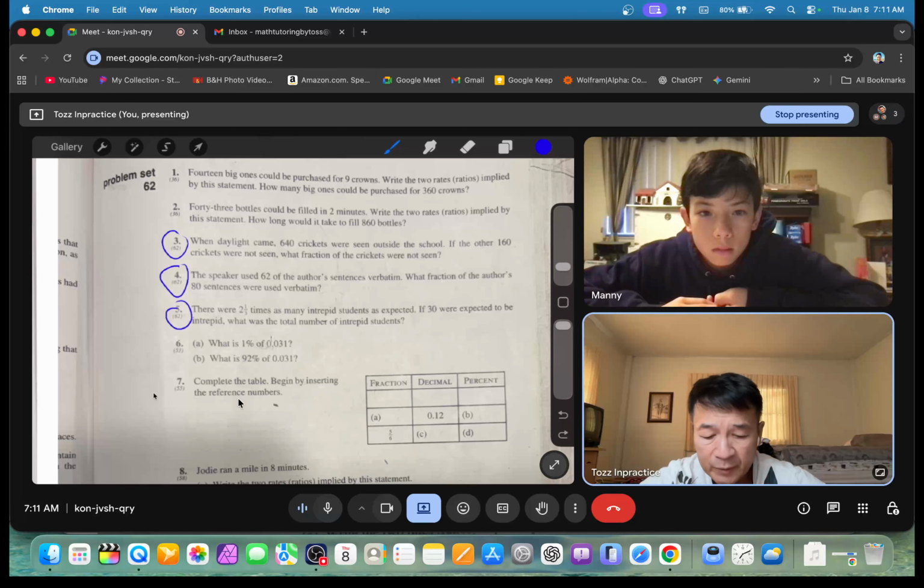When they say what fraction, it seems like you have to combine the two groups. The other 160 crickets were not seen. What fraction of the crickets were not seen? I'll let you think first. It's kind of tricky.